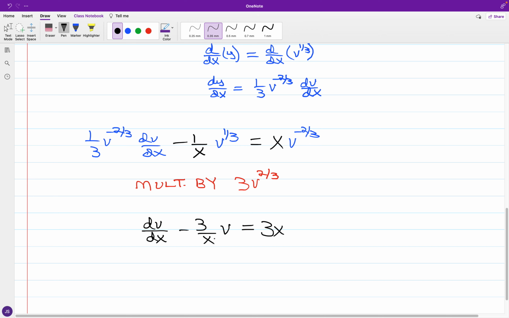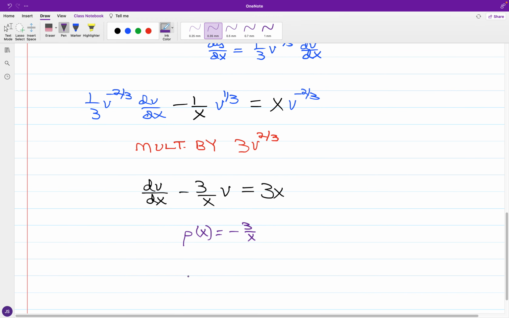Now, we have the integrating factor in the substitution variable v. Instead of p of x, we're just going to refer to this as rho. So you have rho of x is equal to negative 3 over x. And in terms of the integrating factor, you have e to the integral of rho of x dx.